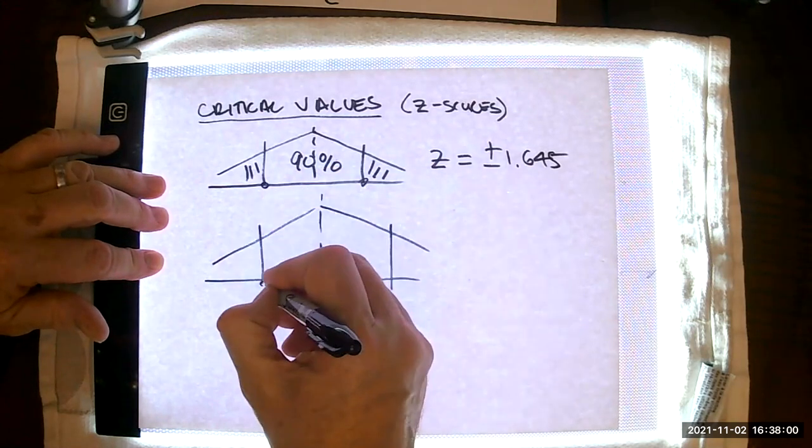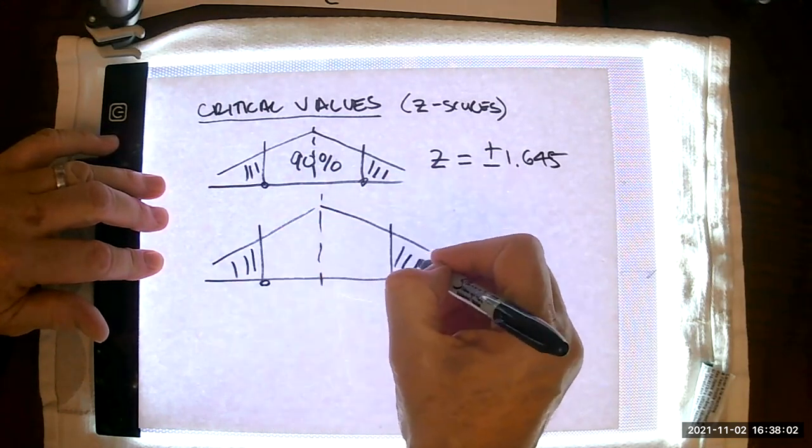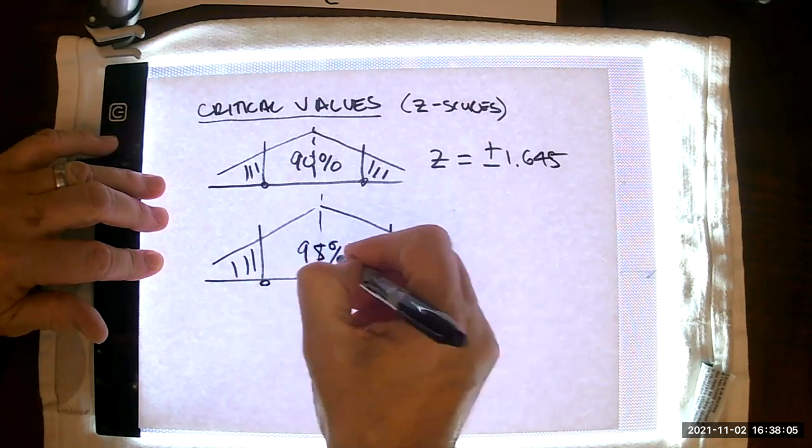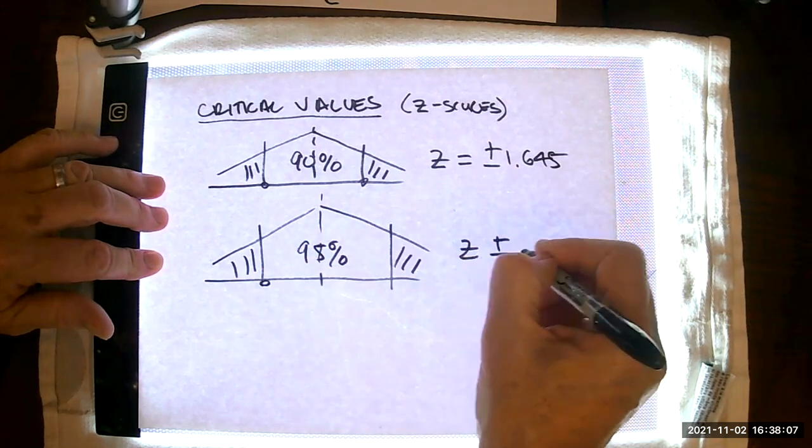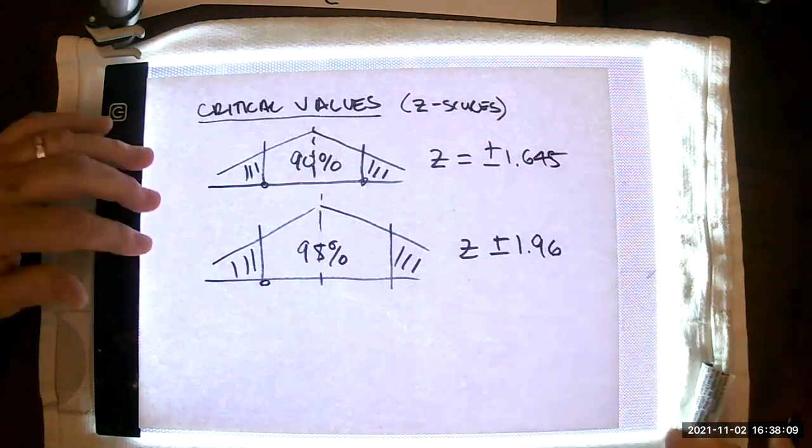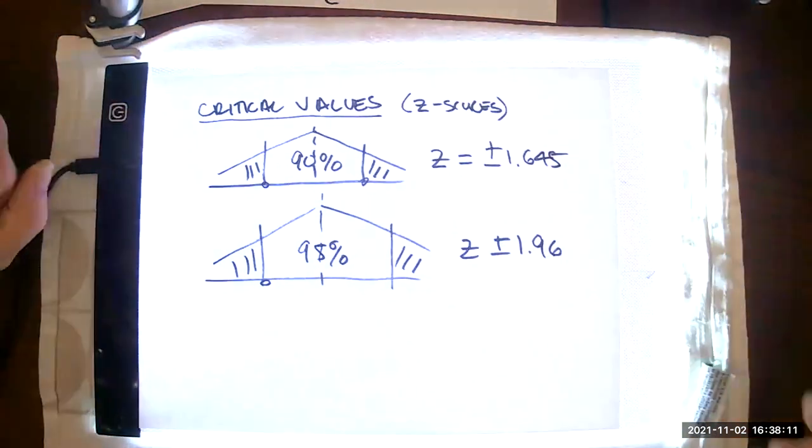For my 95% confidence interval, my z values were plus or minus 1.960 or 1.96.